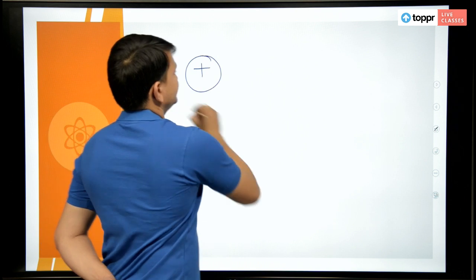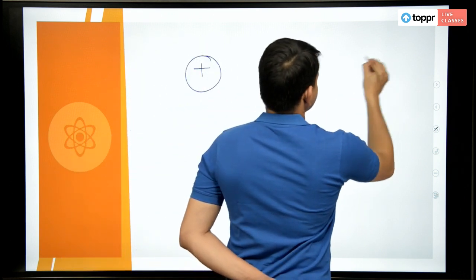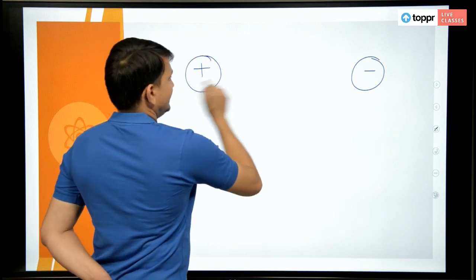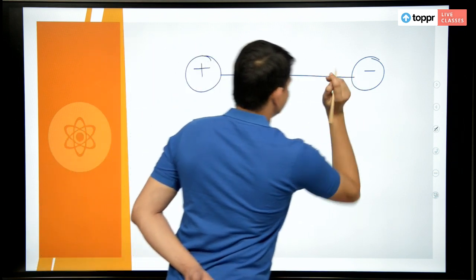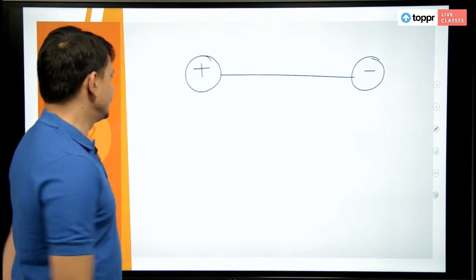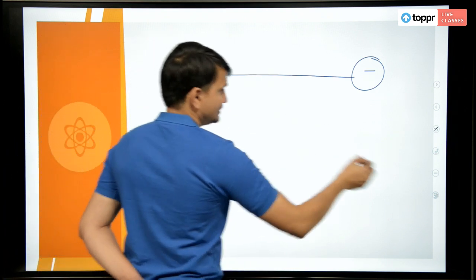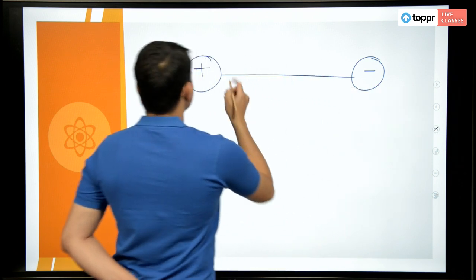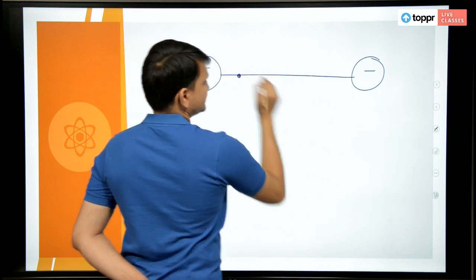This is a positive charge, this is a negative charge. Now consider any point exactly joining the two charged bodies. So consider the point somewhere in between. Let's say this is the point.